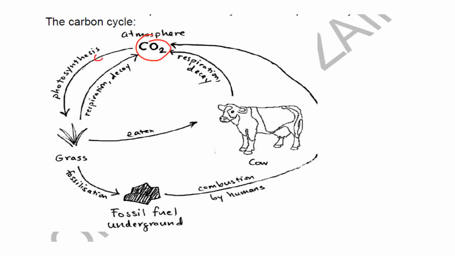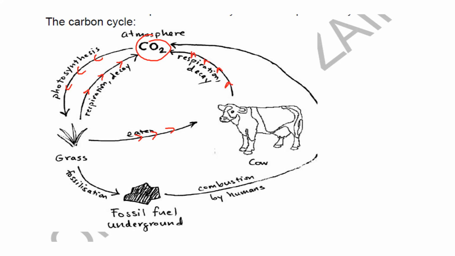The green plants absorb the carbon dioxide by the process of photosynthesis, and they store this as a carbon compound. But what happens when they respire, or if these plants decay or die? They release that carbon dioxide back again. The plant might also be eaten by an animal, and that animal respires, or when the animal dies and decays, it will release carbon dioxide.